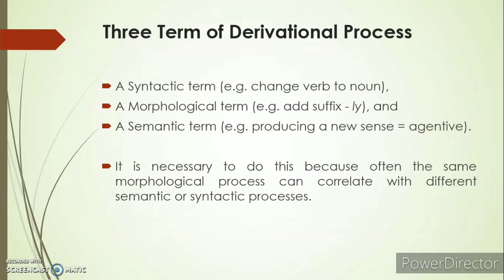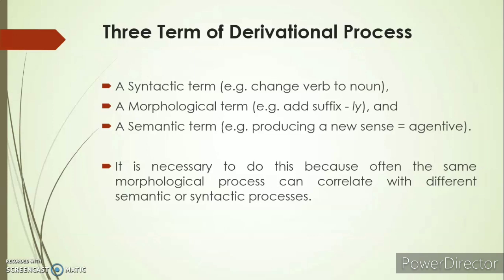Here are the three terms of a derivational process. The first is a syntactic term, for example, change verb to noun. The second is a morphological term, for example, add the suffix ly.